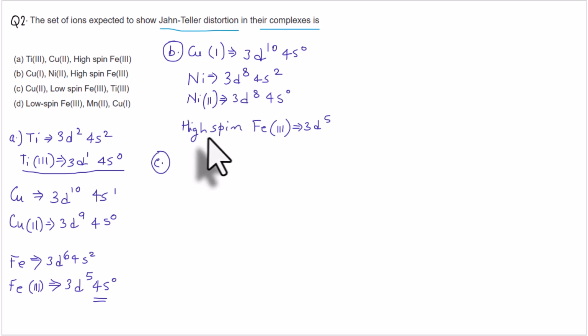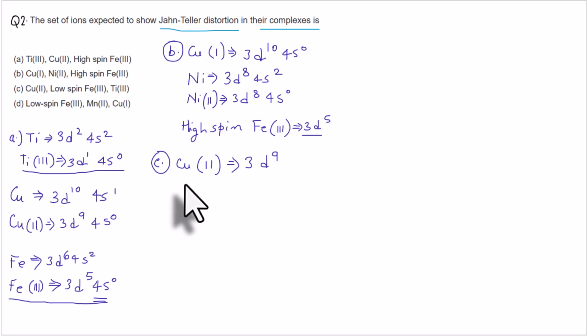In option B, the last one is high spin Fe3. Again it will be 3d5, as we have high spin Fe3 in option A also. Now coming to set C, we have copper in the second oxidation state, repeated from set 1, so copper 2 will be 3d9.